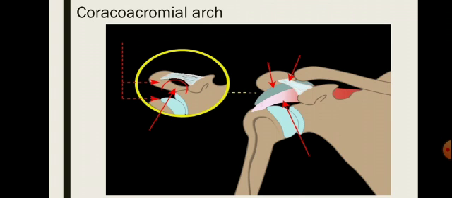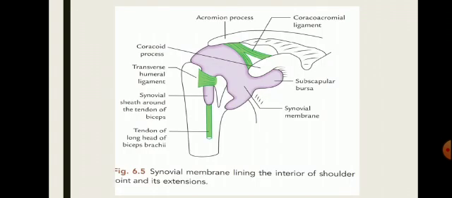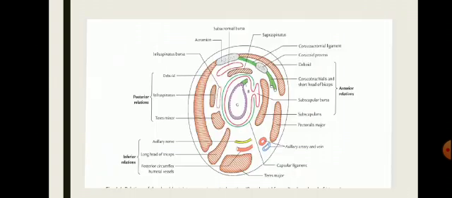Okay, and we have to go into the bursa. First of all, I told you there are three different bursas found: the subscapular bursa, the subacromial bursa, and the infraspinatus bursa. The subscapular bursa is found, in this diagram you can see the subscapularis muscle, right?